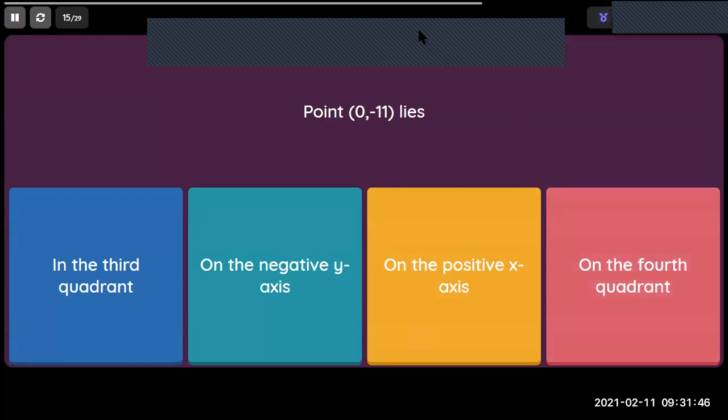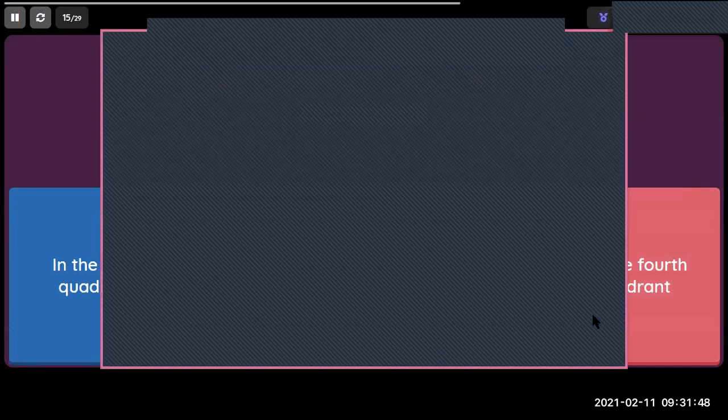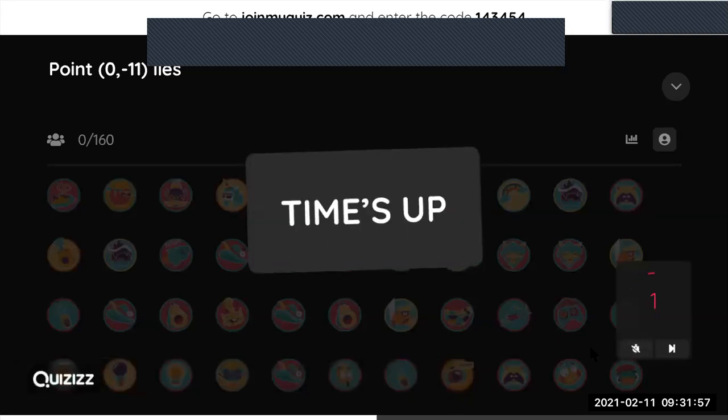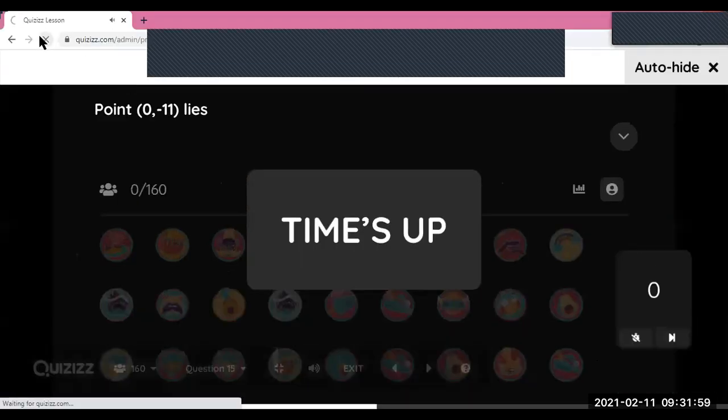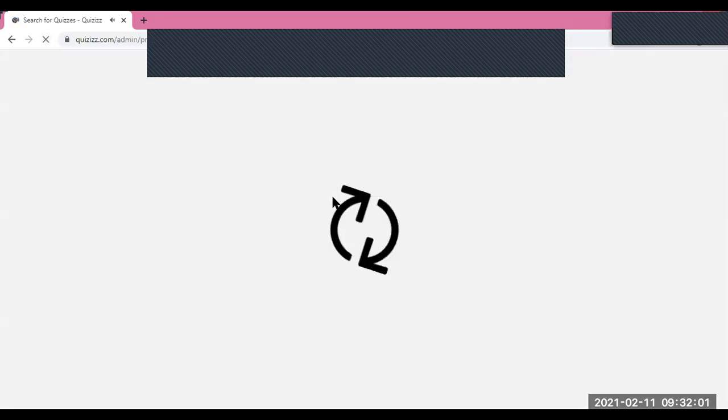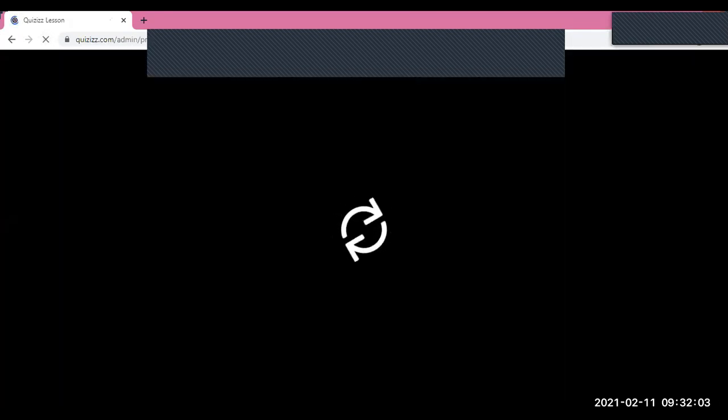Okay, let's see how many of you have got it right. The answer was negative y-axis, 0 comma negative 11.